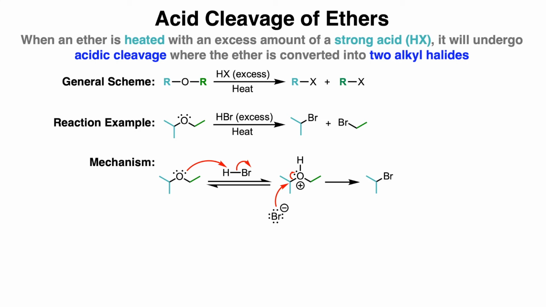This forms the following alkyl bromide. Now the Br- nucleophile could attack the other alpha carbon to form a second alkyl halide as well. In both of these cases, an SN2 mechanism was followed since both alpha carbons were either primary or secondary. But if the alpha carbon was tertiary, then this would follow an SN1 mechanism instead.